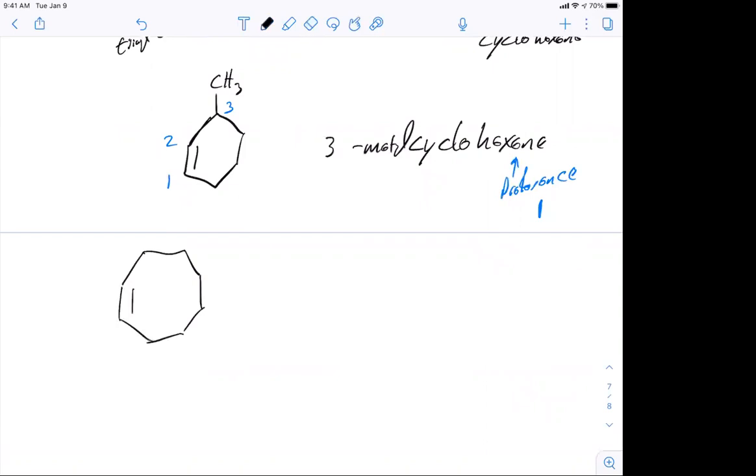I could put a double bond like this, a cis double bond in an 8 ring, but if I tried to do this, do I have enough carbons here? 1, 2, 3, 4, 5, 6, 7.